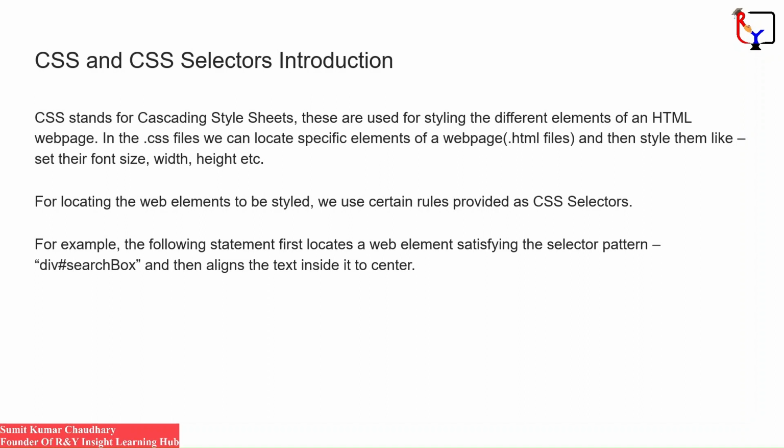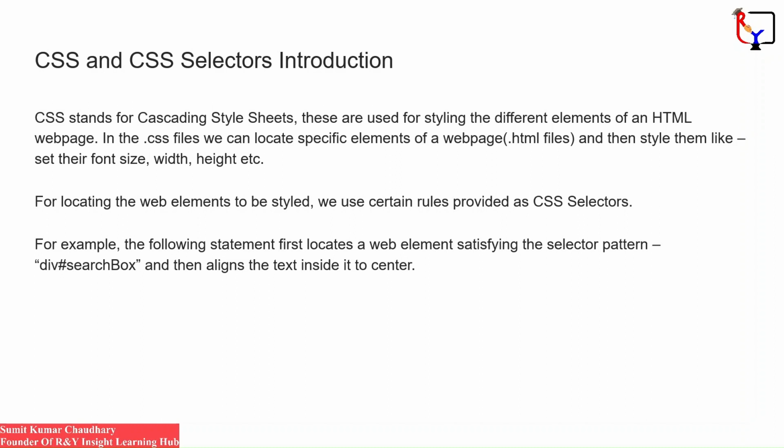In the .css file, we can locate a specific element of a web page .html file and then style it, like set its font size, width, height, and so on. For locating the web element to be styled, we use certain rules provided as CSS selectors.